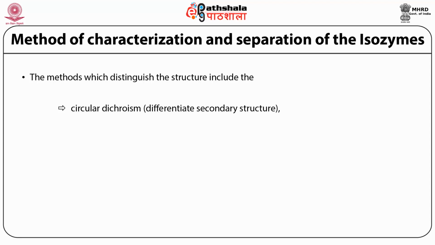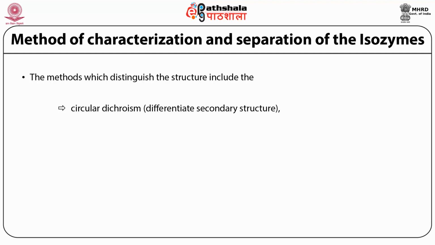In circular dichroism, when circular light passes through an optically active compound, it is converted into elliptical light. So, CD spectroscopy monitors the ellipticity of light coming out of the enzyme or optically active compound, and a CD spectrum is a plot of wavelength versus ellipticity.